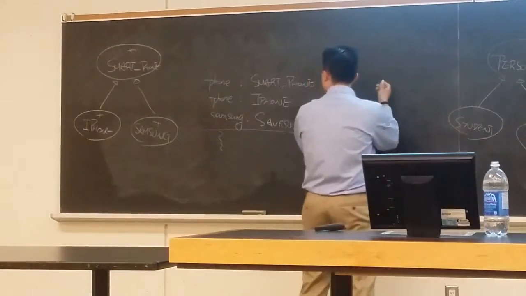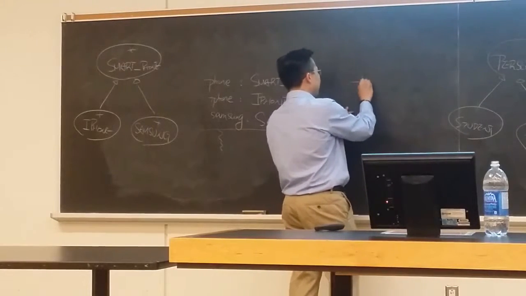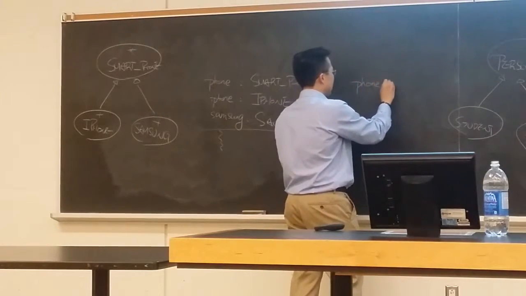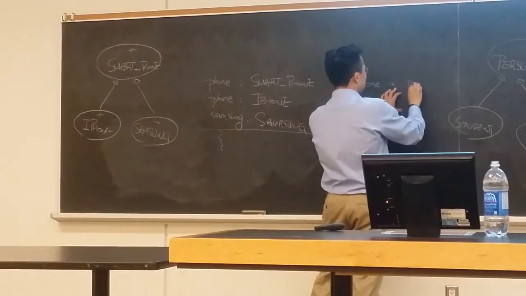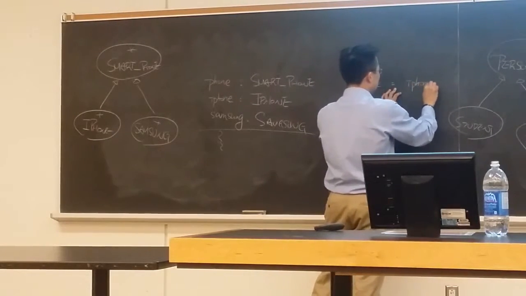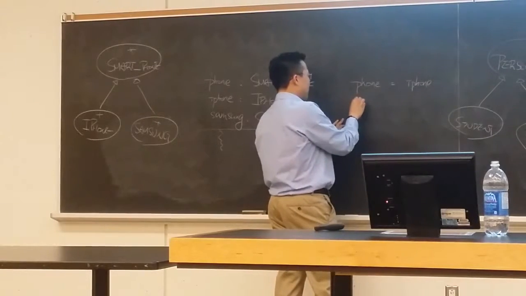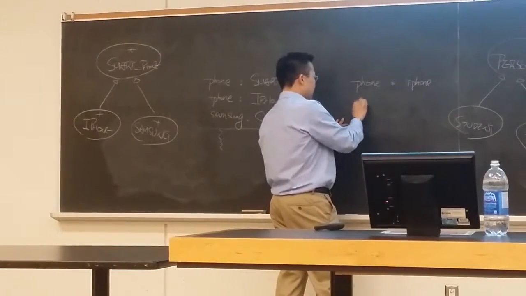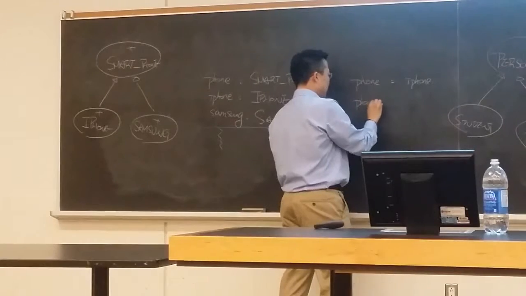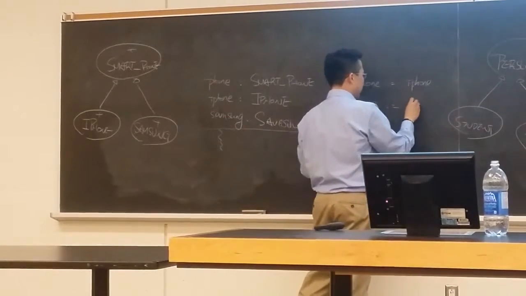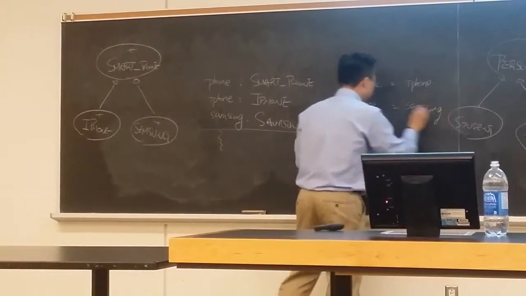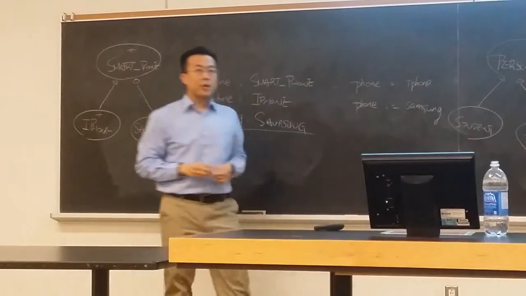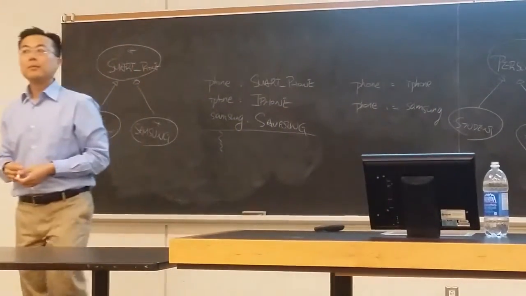So now let's consider if I say phone, my phone initially is actually an iPhone. Now I can say phone, now it changes to Samsung. First of all, if I simply have these two lines, would it compile?